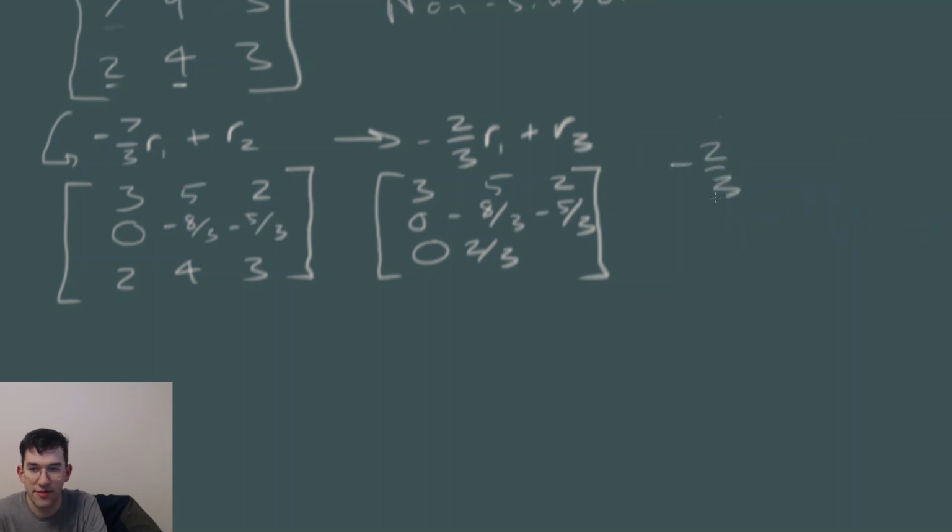Negative 2 thirds times 2 is negative 4 thirds, plus 3, which is 9 thirds, equals 5 thirds.